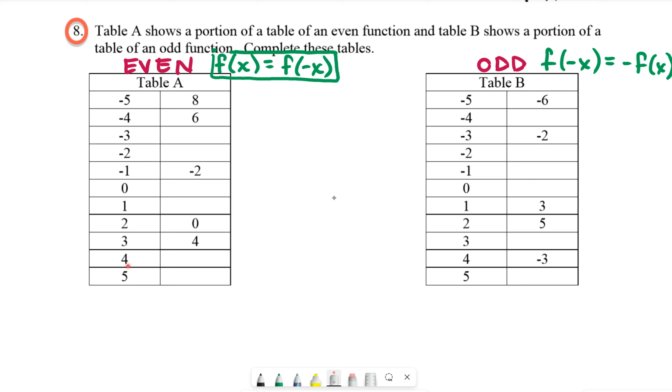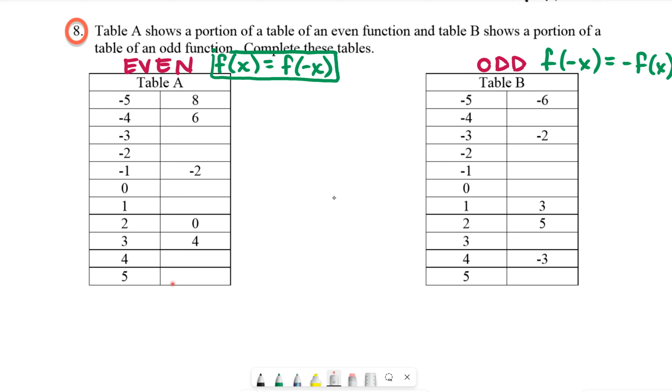Negative 5 and 5 must be equal to each other as far as their output values. Remember, negative 5 and 5 are going into the machine, and the answers that come out of the machine have to be the same. Even means the same. If you call it even with somebody else, you're on the same level.